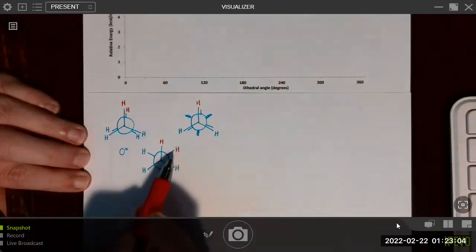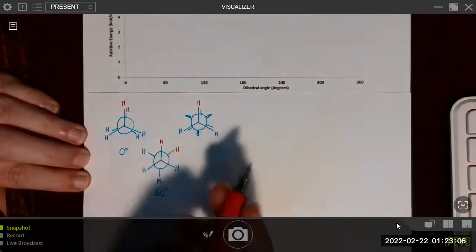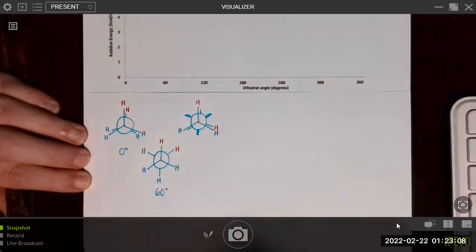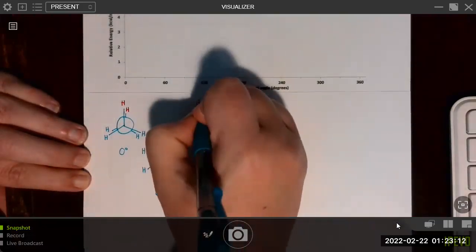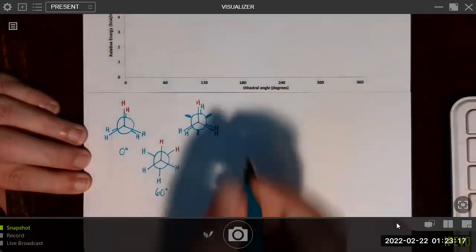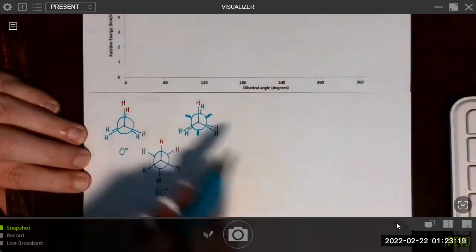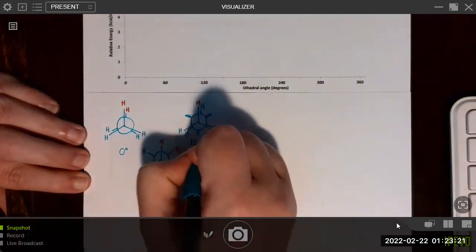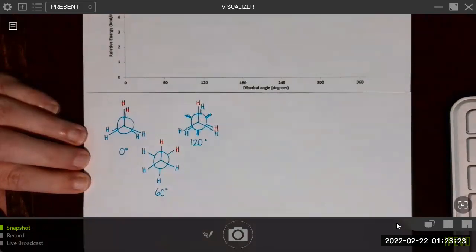And then if this rotates 60 degrees, it will be behind this blue hydrogen over here. We'll have blue hydrogens on the back of those two positions as well. So now the red hydrogens are 120 degrees apart from one another. And we're just going to keep going.